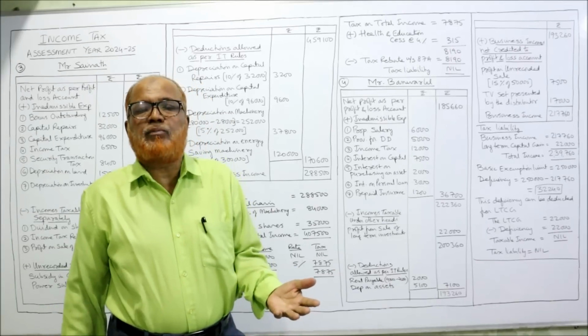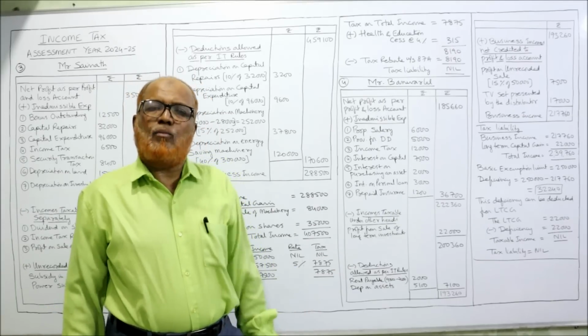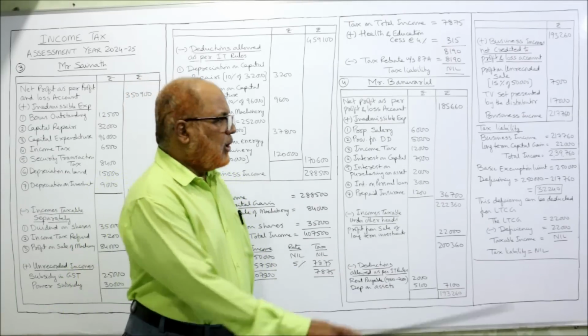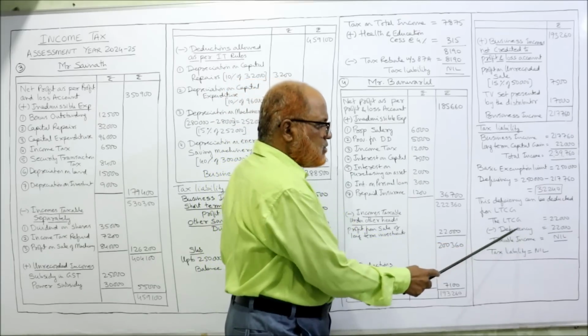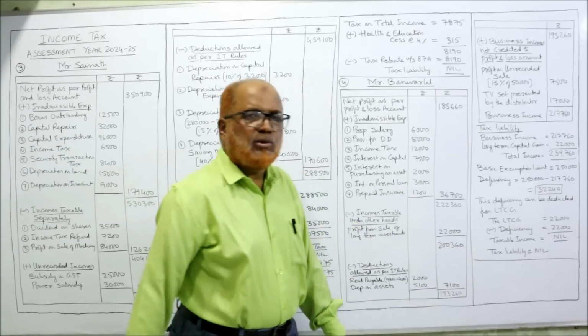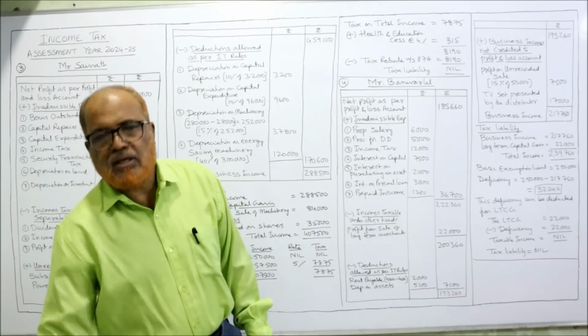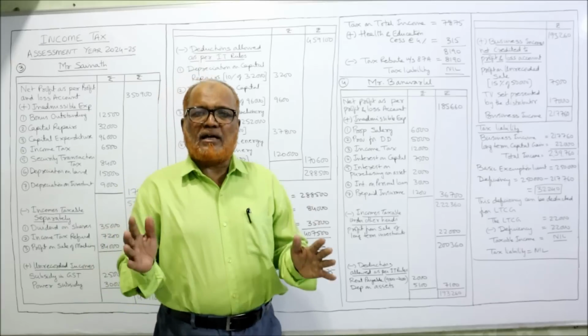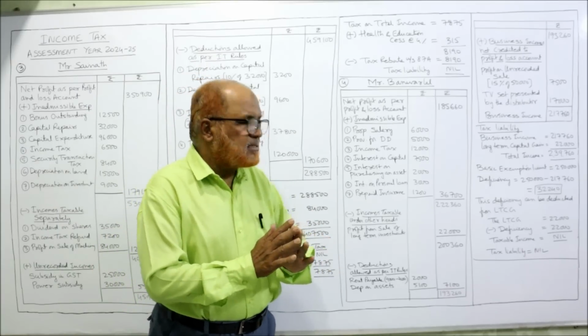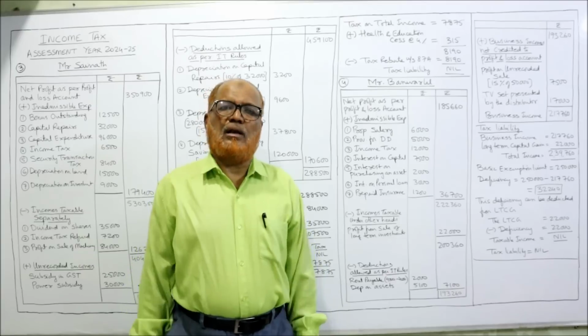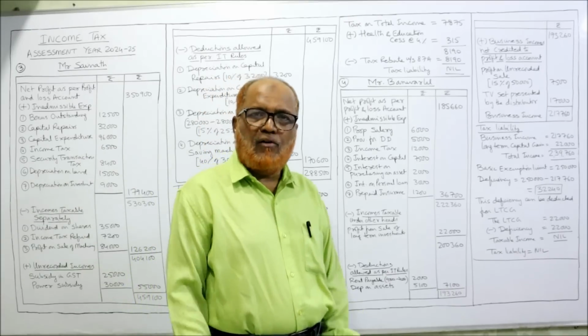We don't have income up to 32,240. We have the income only 22,000. The long-term capital gain is 22,000, deficiency 22,000. The taxable income is nil. When taxable income is nil, the tax liability is also nil. This is the end of problem number 4.